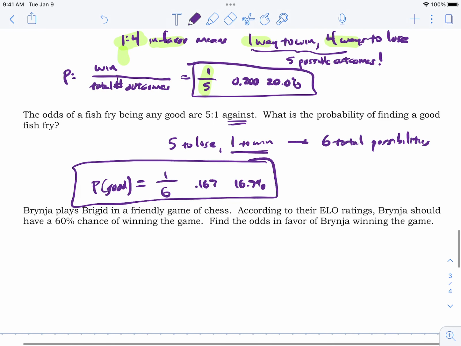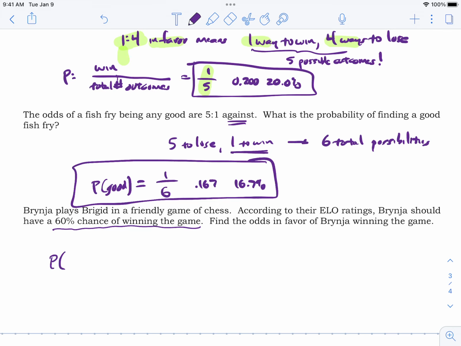One last one. So here we're given the probability. We want to get the odds. Okay, so it's just the same thing, only backwards. Brynja plays Bridget in a friendly game of chess. According to their ELO ratings, Brynja should have a 60% chance of winning the game.